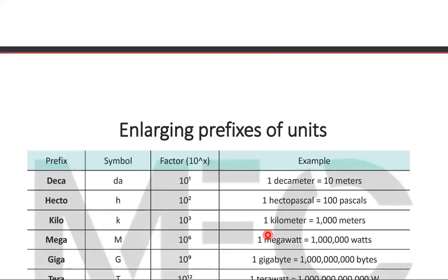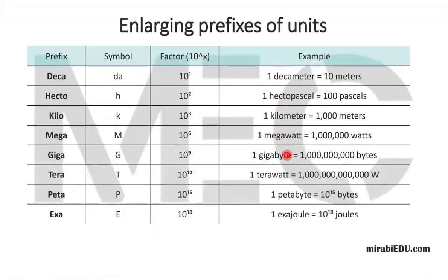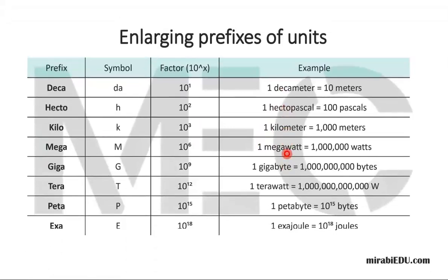Okay, let's start. So we have some prefixes of units which enlarge or increase the size of the units. These are like deca means 10, hecto means 100, kilo means 1000, mega is million, giga is 10 to the 9, tera 10 to the 12, peta 10 to the 15, exa 10 to the 18.